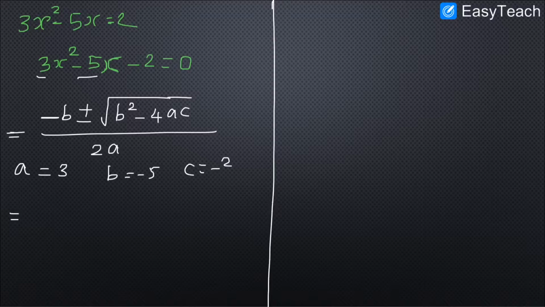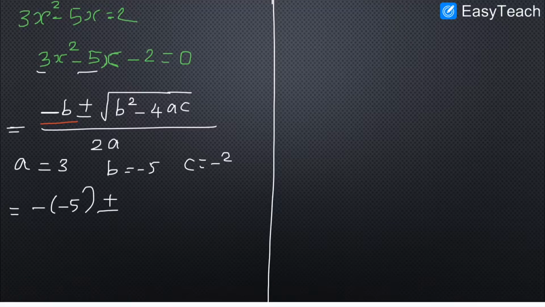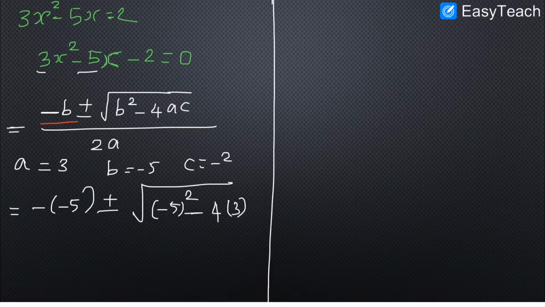For minus b, for b we already have minus 5, so minus of minus 5. Plus or minus root b square, which means minus 5 square, minus 4 into a into c, minus 2, the whole divided by 2 into a, which is 3.